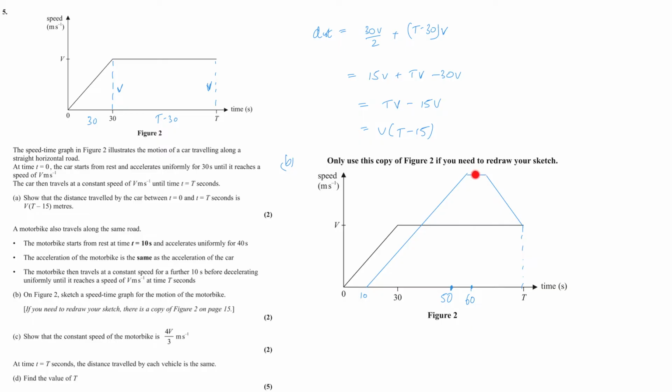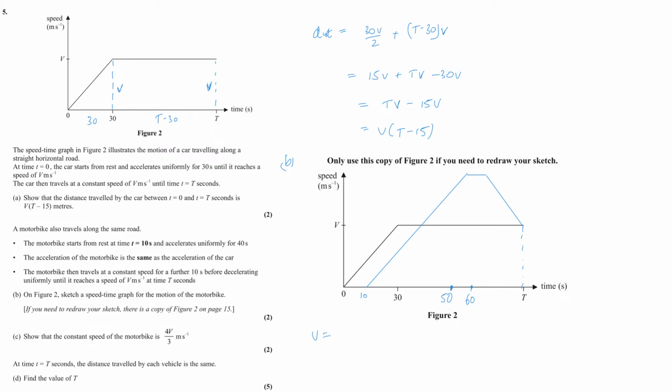Now for C, it's show that the constant speed of the motorcycle is 4/3 v. So show that this height here is 4/3 v. Now for this one, they're both at a constant acceleration, and that acceleration is exactly the same.